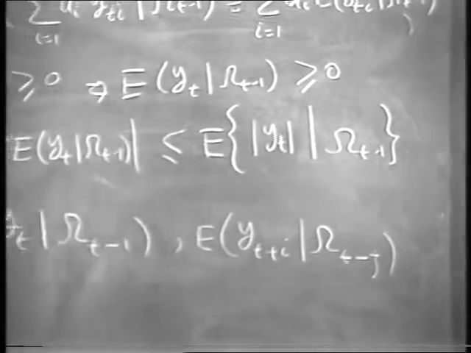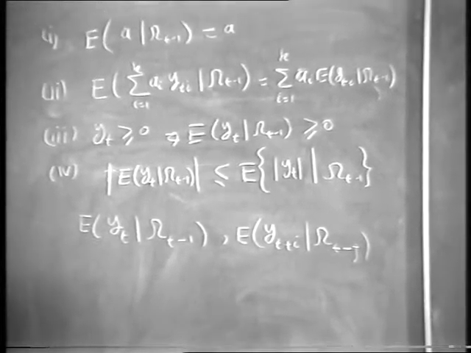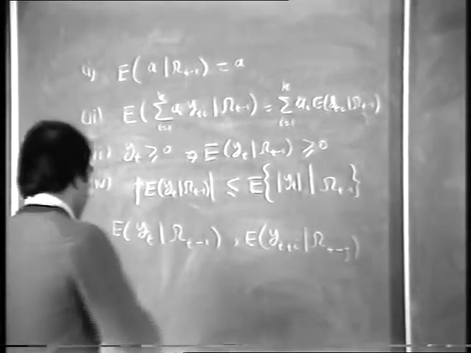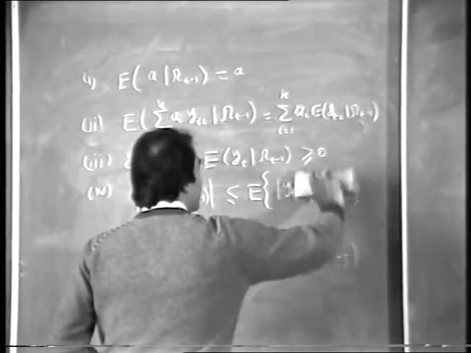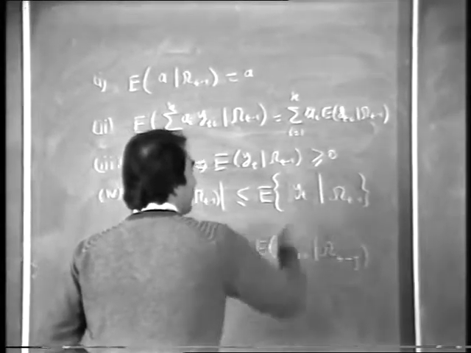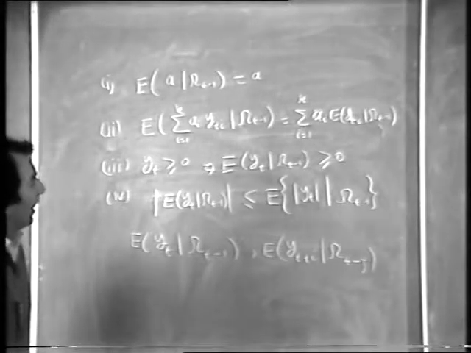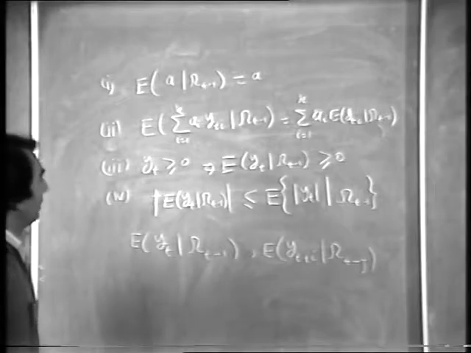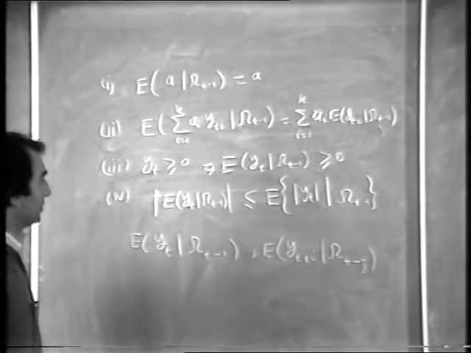Remember, this is the absolute value, and that is the conditional expectation. You don't want to confuse the two. Now, these come from the general properties of conditional expectation.